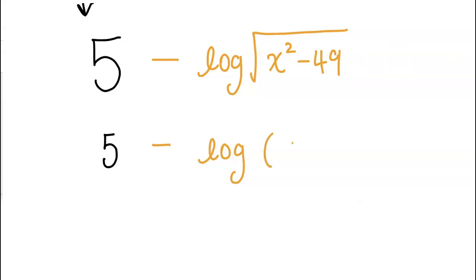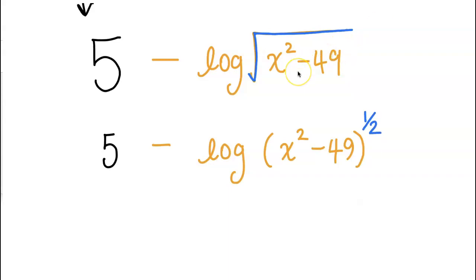So what you're going to want to do is write this x squared minus 49 in a parenthesis, but instead of writing it under a square root, you write it as getting raised to the 1/2 power, okay? They are the same thing.